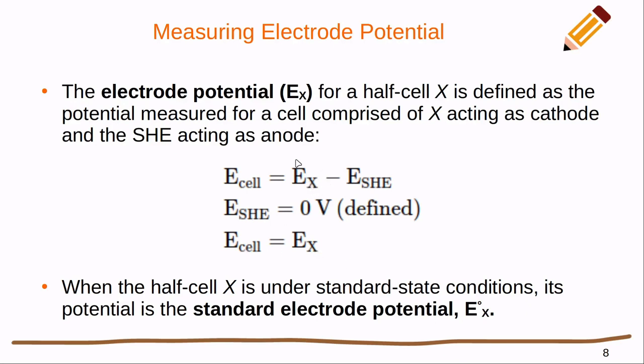Now, this may not actually be the cathode in the sense that it's not the place where reduction is happening, based on the chemical activity.